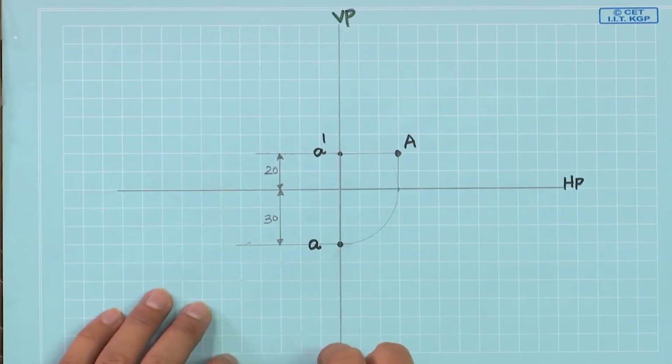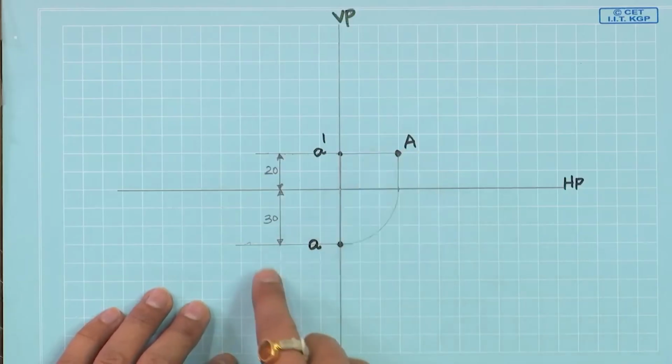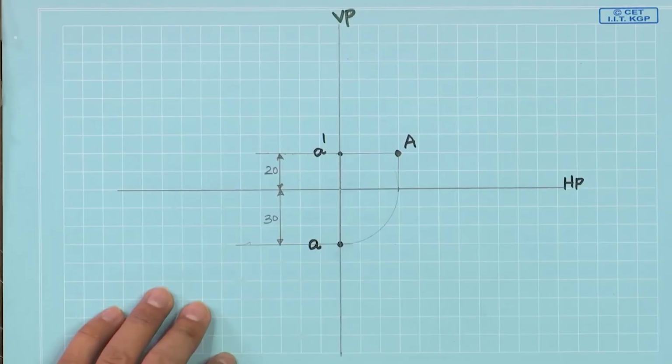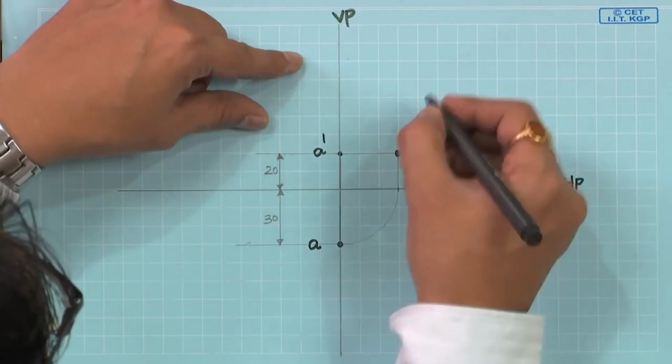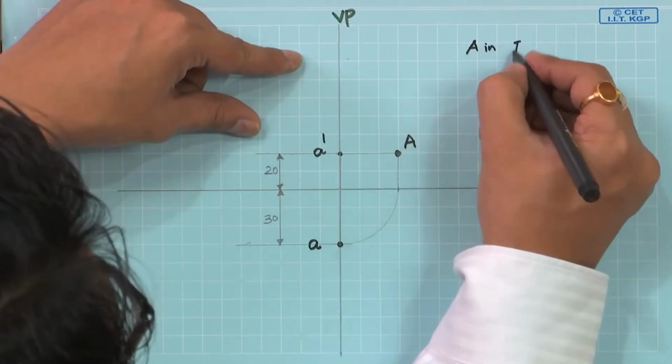Let us ask a question: if the same point A is perhaps in the third quadrant, how do we draw these projections? Let us look at an example. The first problem is A in the first quadrant.